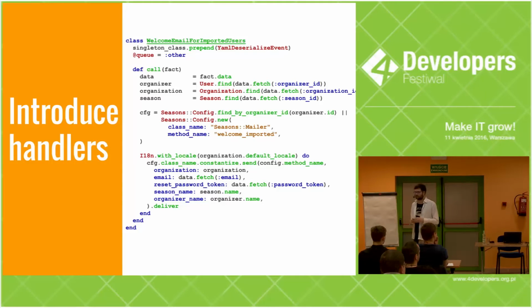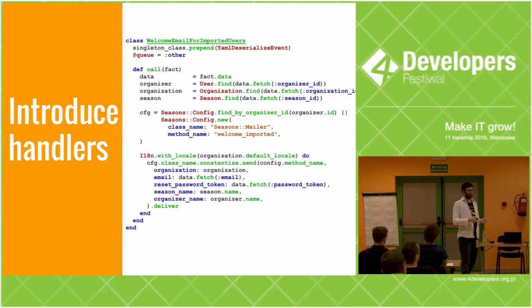Later, you might want to have a bit more complicated handlers. This is an example of one. So when the customer is imported into our service by a football club who decided to switch to our services and manage people going to their football matches in our platform.